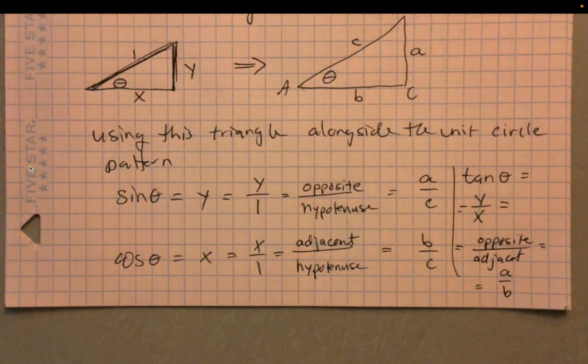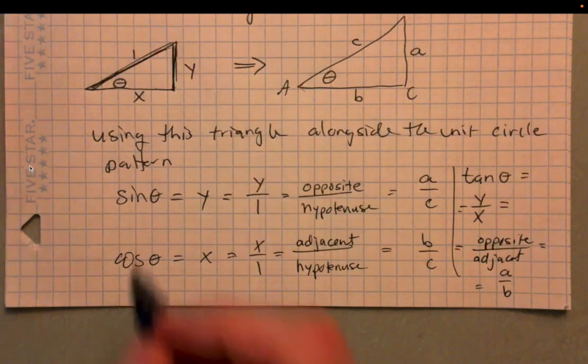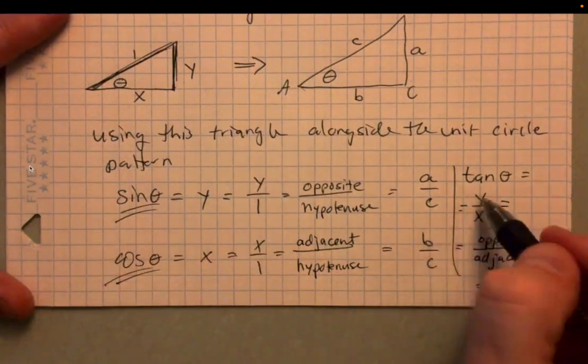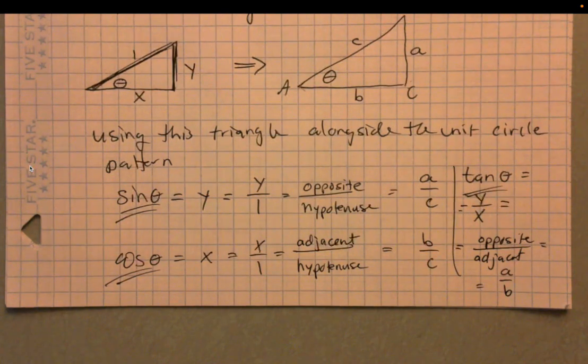Okay, and so in this case, the trig functions, and we'll do the other ones as well, but let's just kind of start with these three. The trig functions are defined not as points on the edge of a unit circle, but instead as the ratio of sides of a right triangle, right?